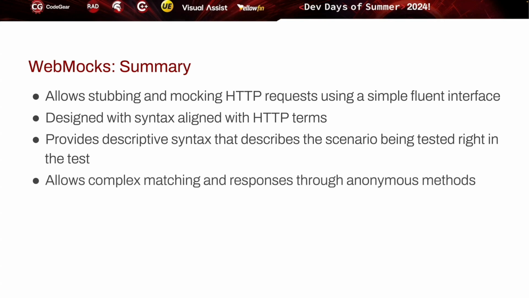It allows complex matching and responses through anonymous methods. So you can do all sorts of crazy things that I haven't even thought about by just adding a couple of anonymous methods. So they're very powerful for you.